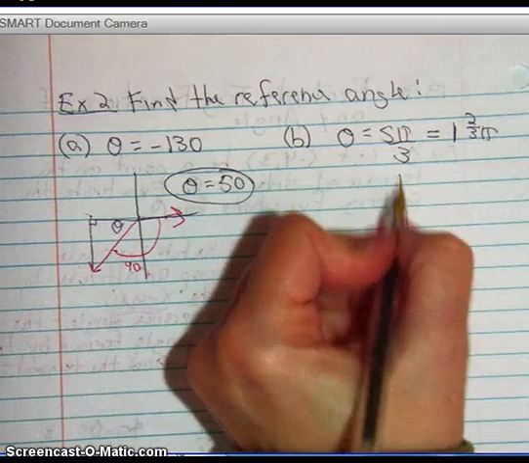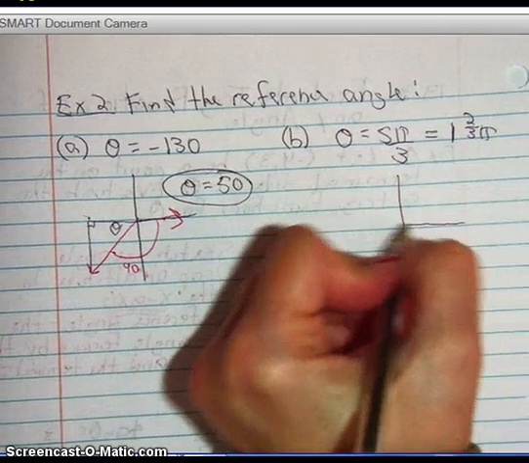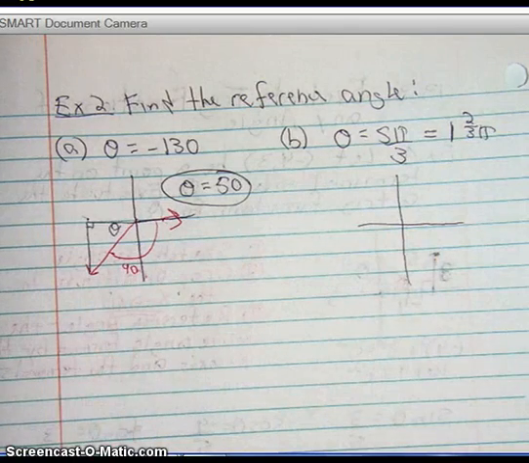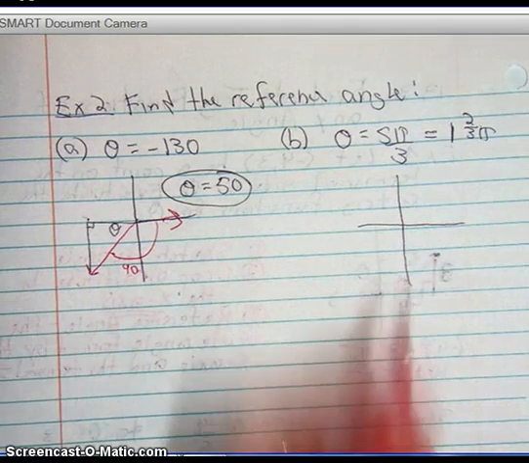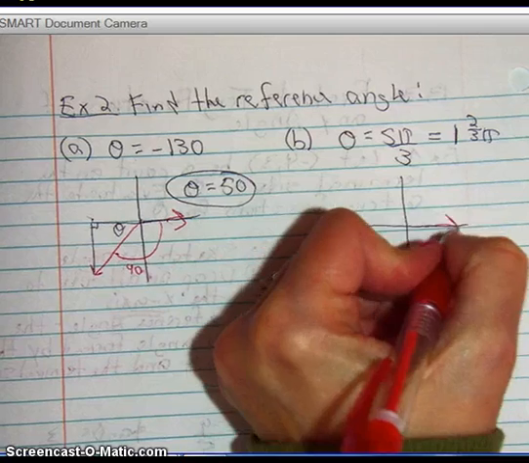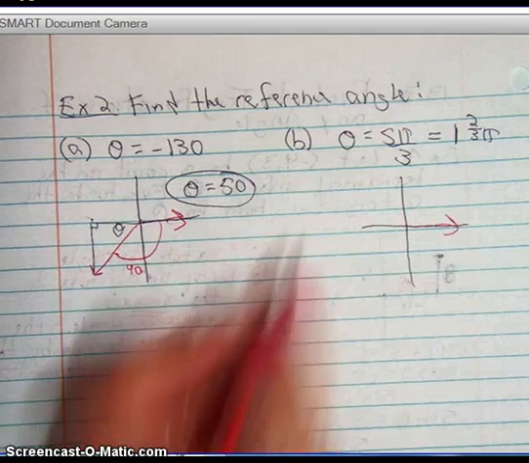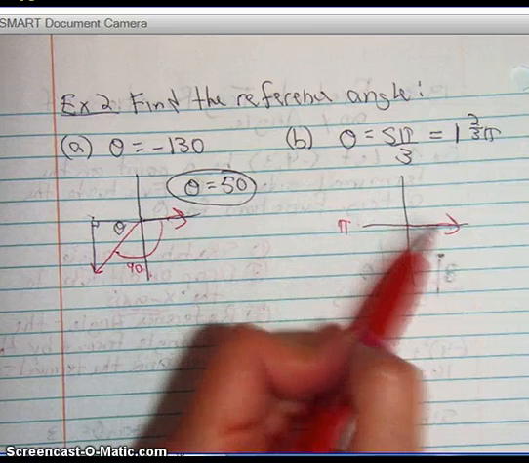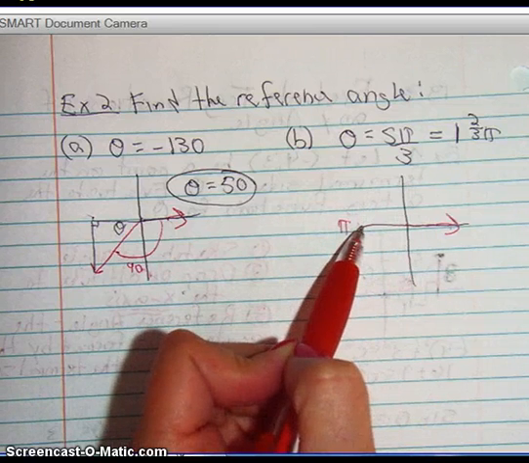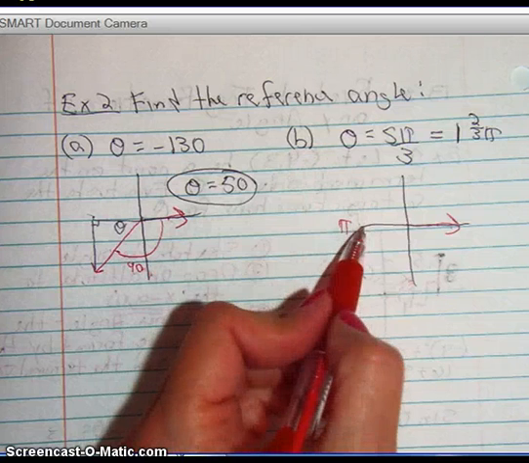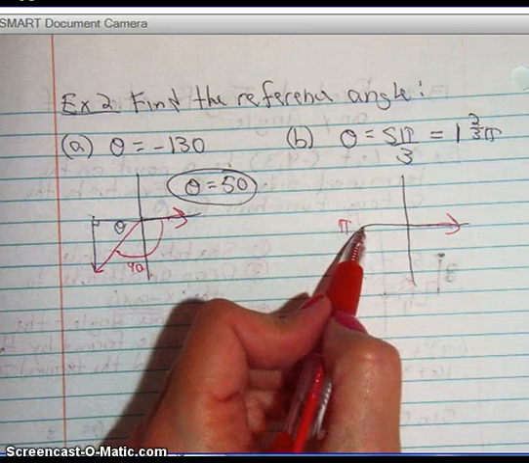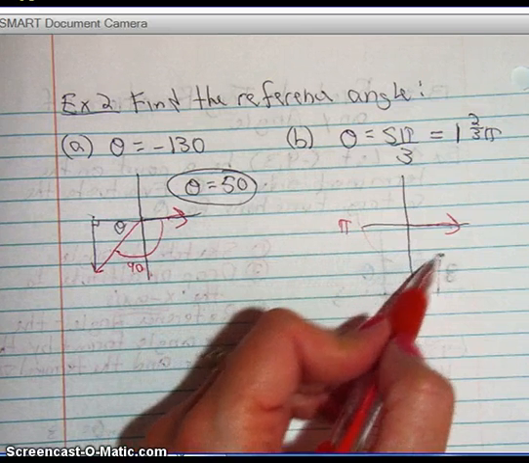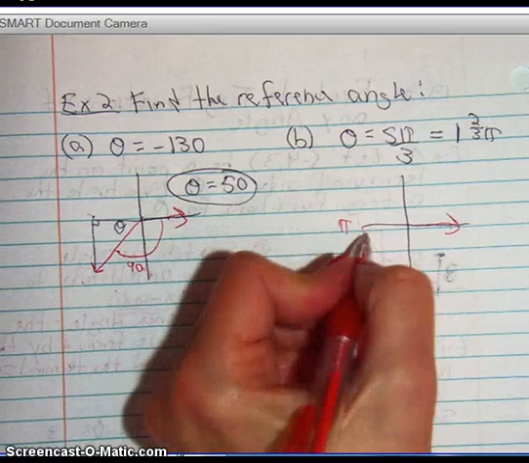So now we want an angle in standard position that goes 1 2/3 pi. Initial side here. We know halfway around, from here to here, is pi. Now we want to go 1 pi and then 2/3 of a pi. Is 2/3 more than half or less than half? More than half.